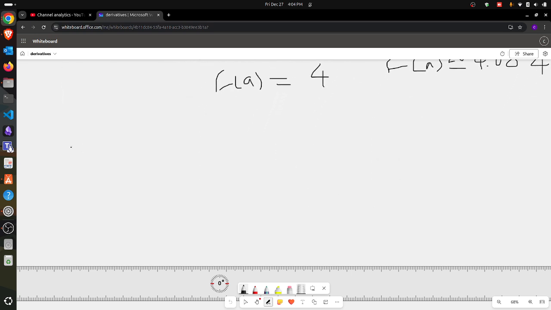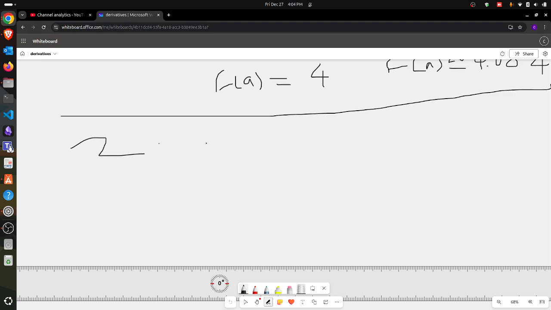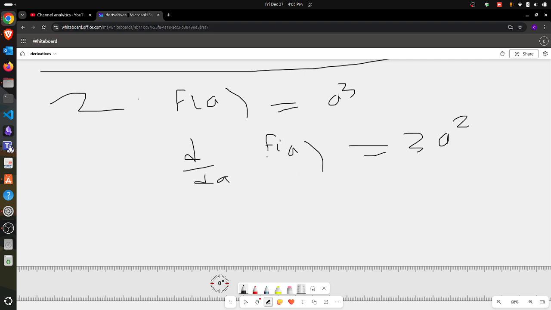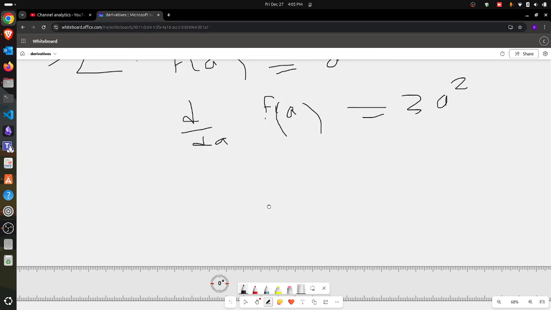Now let's hop on to the second example. When f of a is equal to a cube, then d by dA of f of a equals 3a squared. You can get these formulas from any calculus textbook, and you can use them whenever we program neural networks using Python.